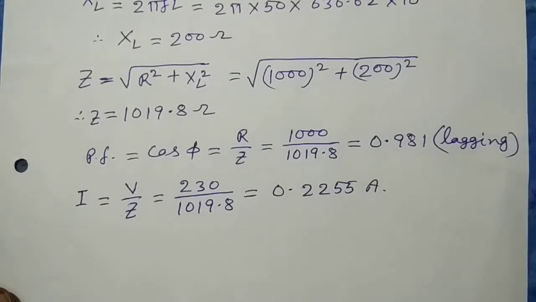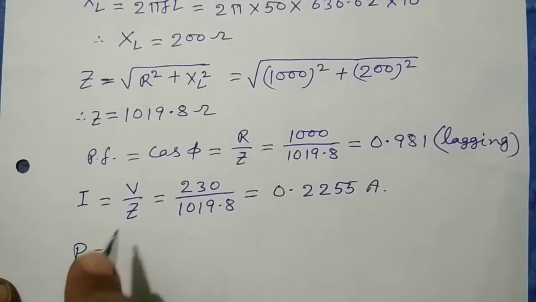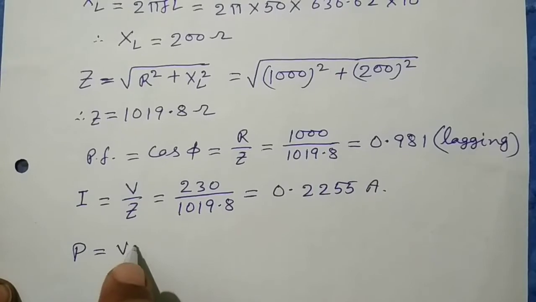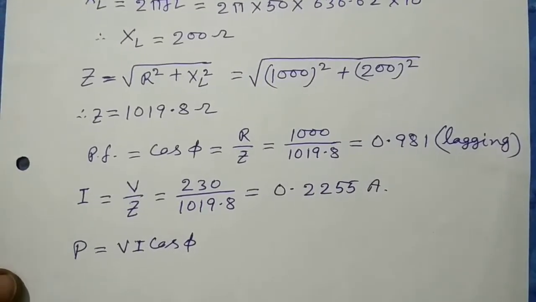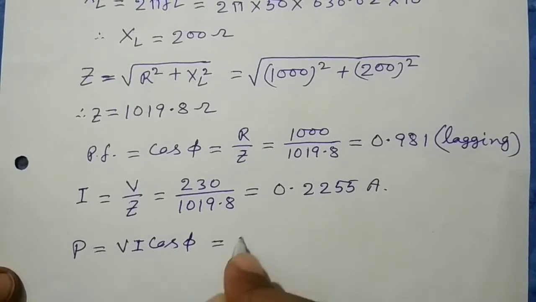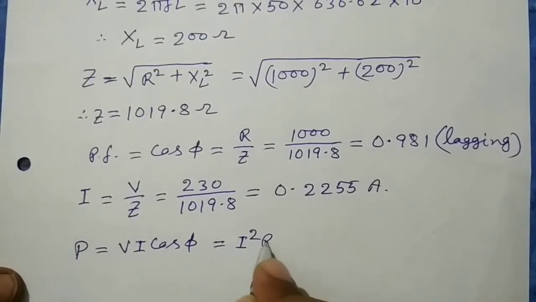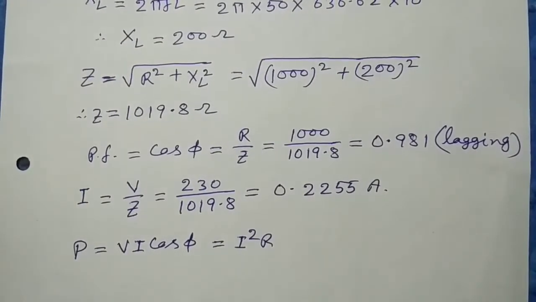And finally, the active power. We have seen that the active power is VI cos phi. There is another formula of the active power, that is I square R. So we can use either of the formula.